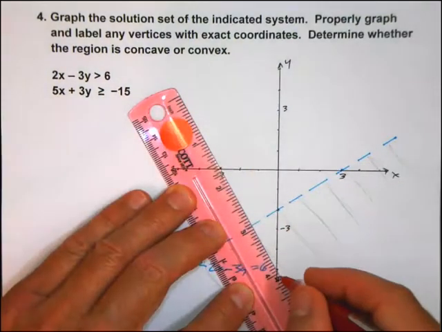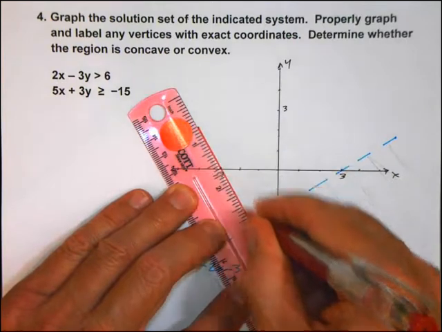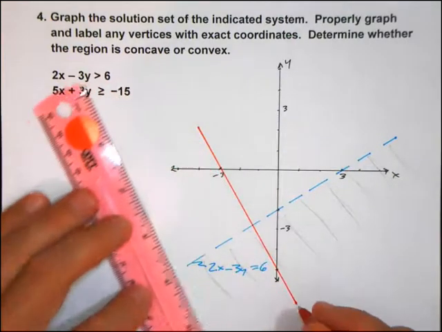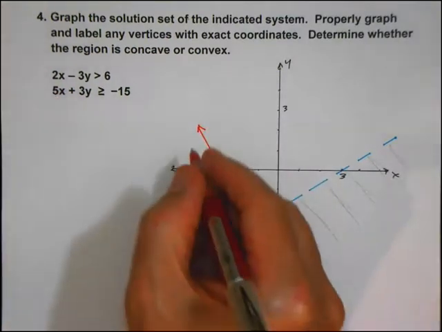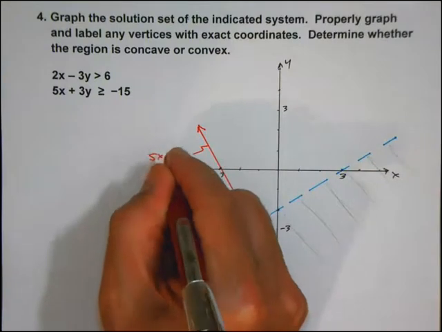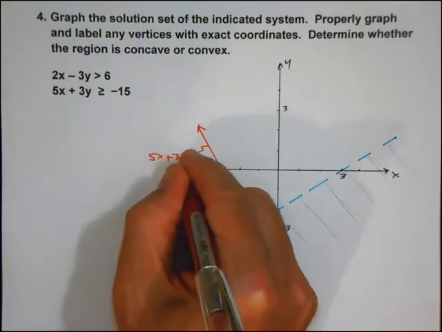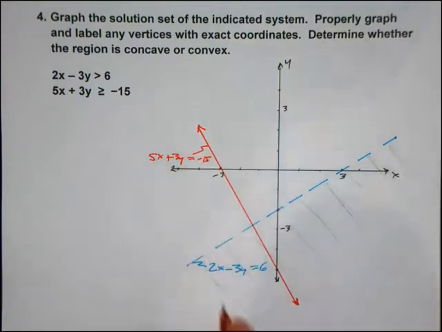So these equalities are also part of the inequality solution set. We can label its equation here. This is 5x plus 3y equaling negative 15.